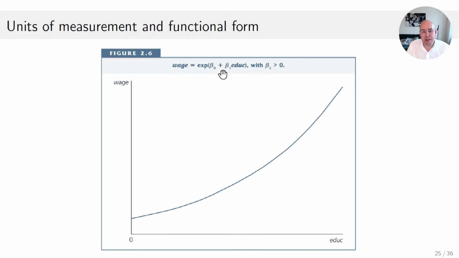It's going to be beta naught plus beta 1 education. When beta 1 is positive, the underlying relationship will look like this. And that has to be because a 1 unit increase in education will have a certain percentage effect, and the higher education is, the higher the baseline is. So it has to be a convex function.